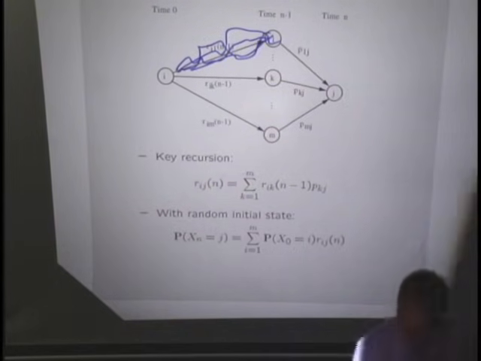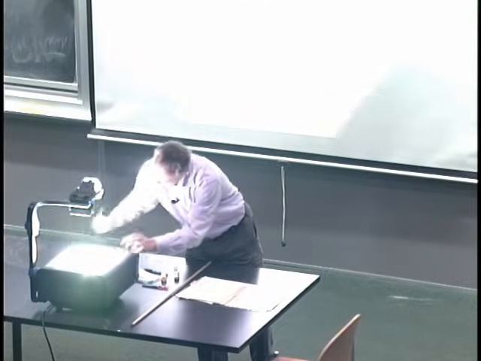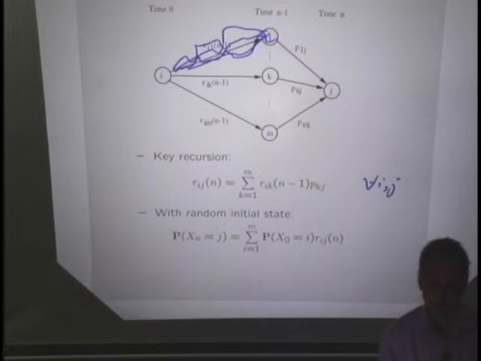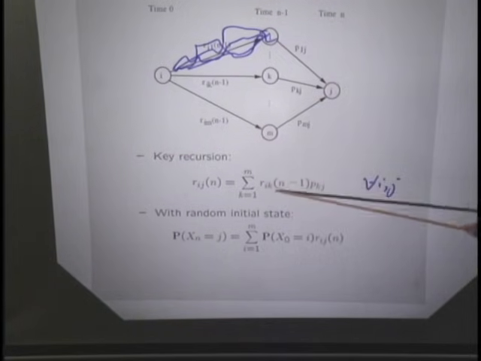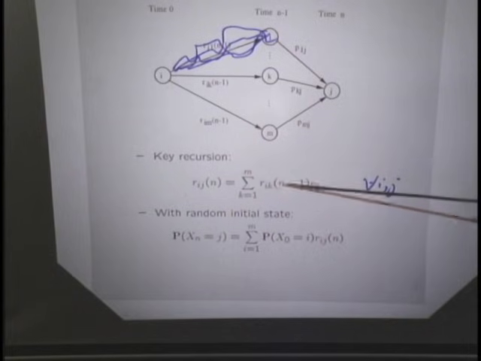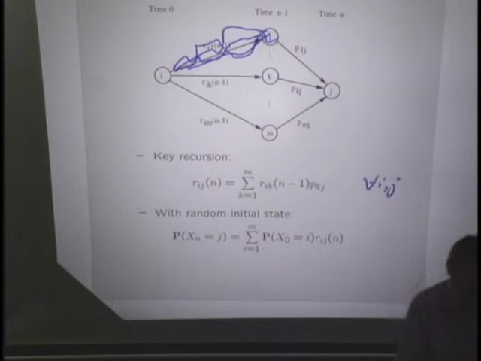This is a recursion that you run for all i's and j's simultaneously. That is, for a particular n, you calculate this quantity for all possible i's, j's, k's. You have all those quantities, and then you use this equation to find those numbers, again, for all possible i's and j's.